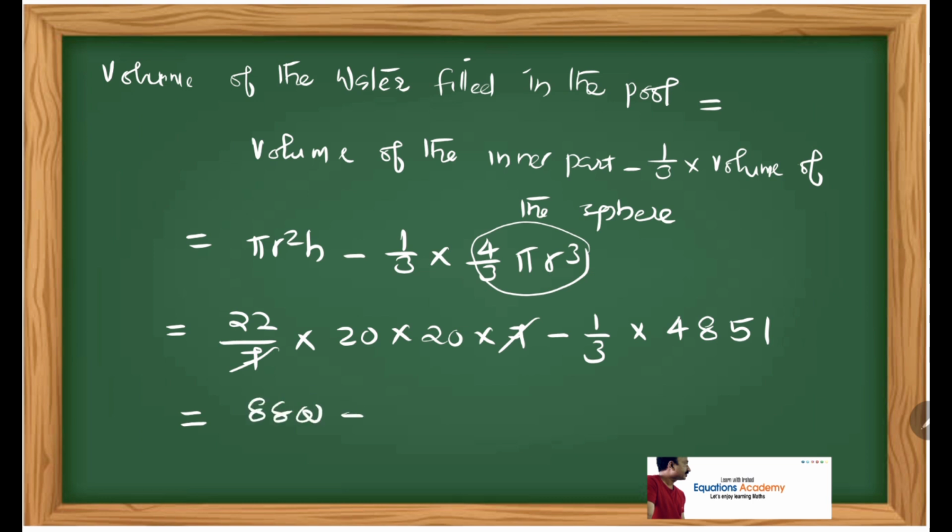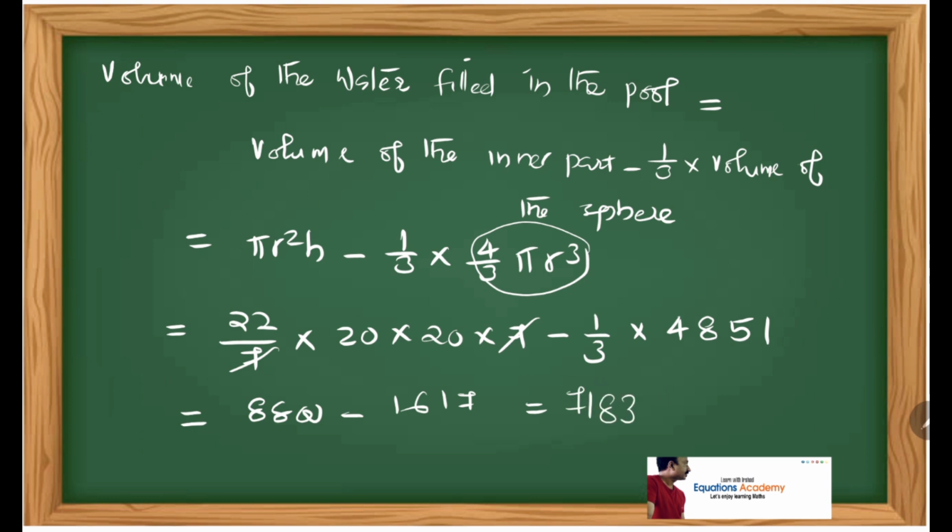8800 minus 1 by 3 into 4851. If we divide 4851 by 3, we will get 1617. So 8800 minus 1617 is equal to 7183.